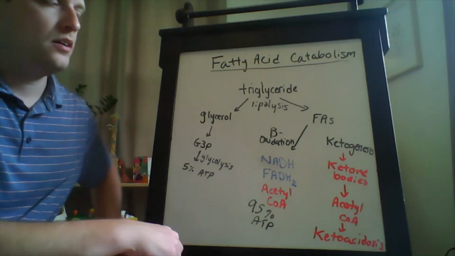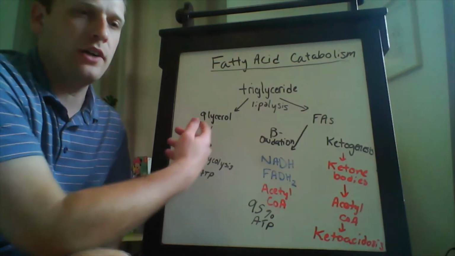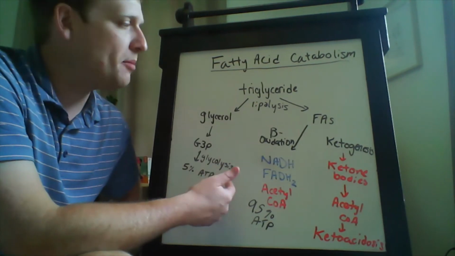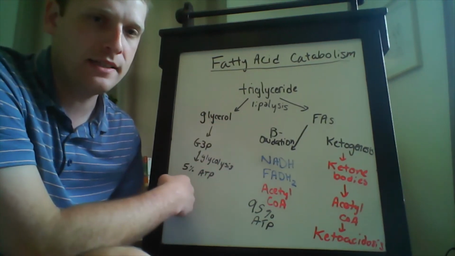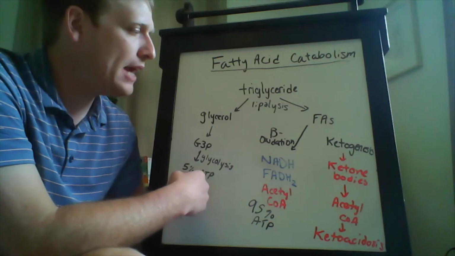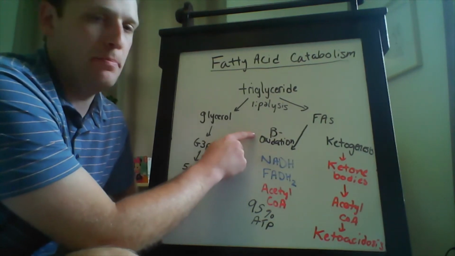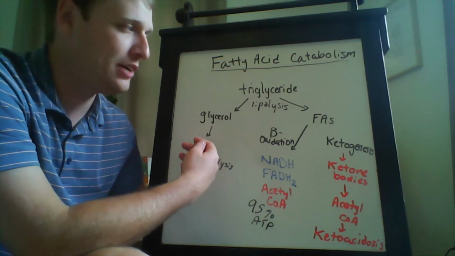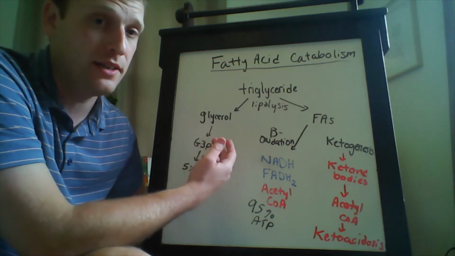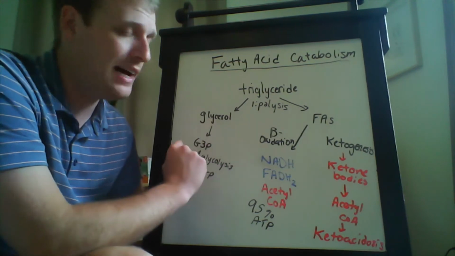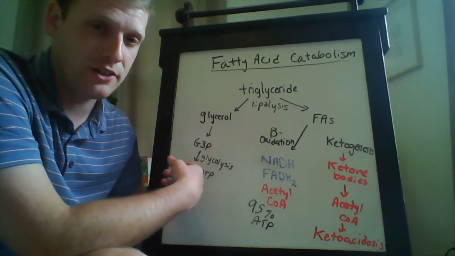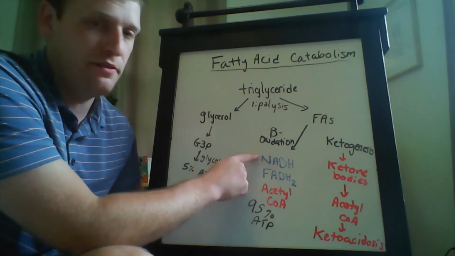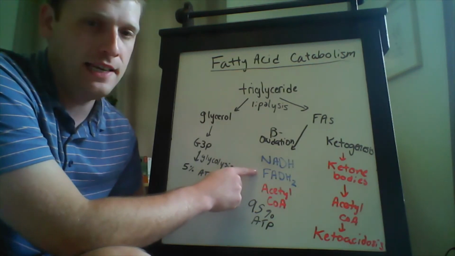triglyceride. So after the triglyceride has been broken down into glycerol and fatty acids, now let's talk about what happens to the fatty acids. What's going to happen is a process called beta oxidation. Now remember, oxidation again is transfer of electrons to another substance. So oxidation of fatty acids, which have lots of electrons to give up, is going to result in the formation of NADH and FADH2.